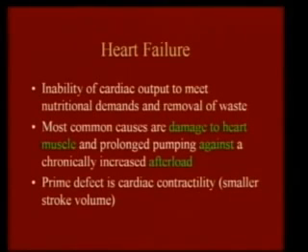If you're working against a large afterload, a large pressure coming back onto the ventricle, it's sort of like trying to row upstream. Your body is not going to be nearly as efficient at delivering all those things I just said as it needs to be. It's going to be slower, and by the time it spreads around, not as much would be delivered as normally.